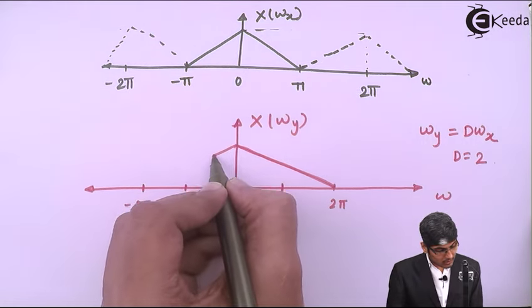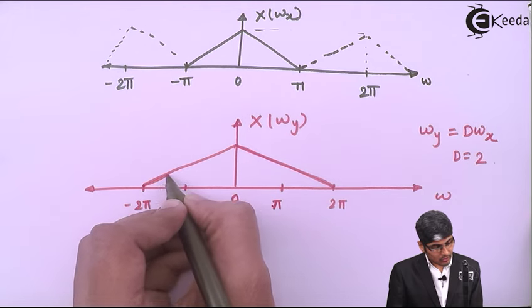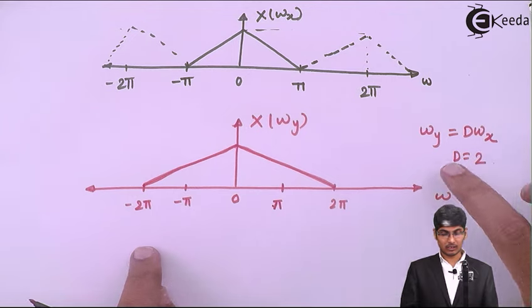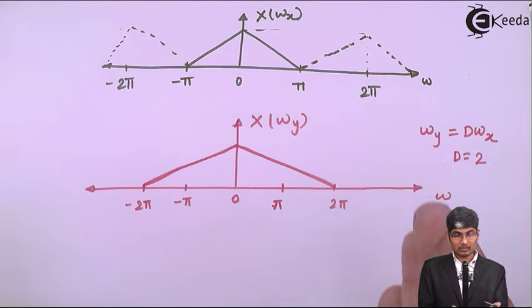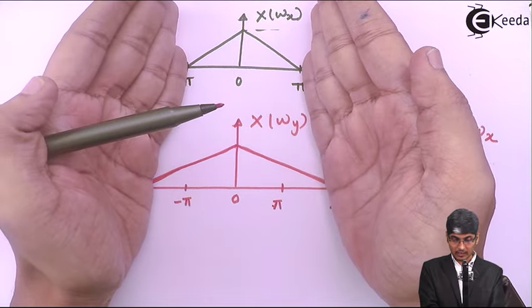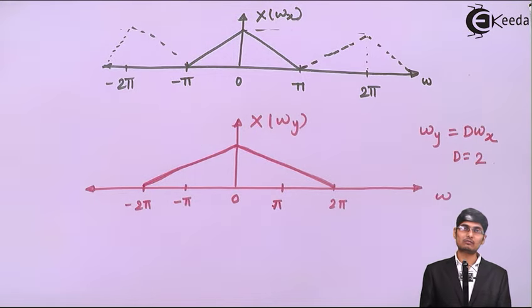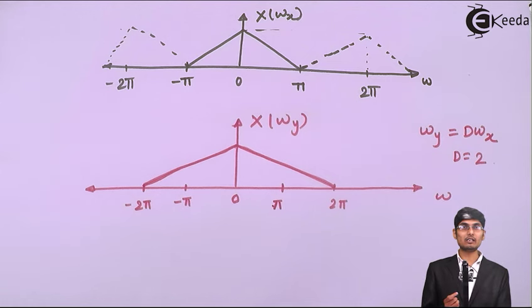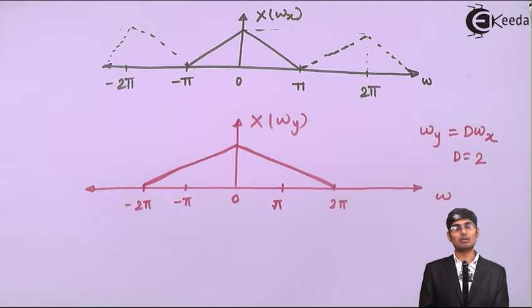Here also it will trail till minus 2 pi, because if we consider minus pi over here, it will be minus 2 pi. So previously it was this much area, now the area increased. What has happened? Decreasing the sampling rate expanded the frequency domain characteristics.